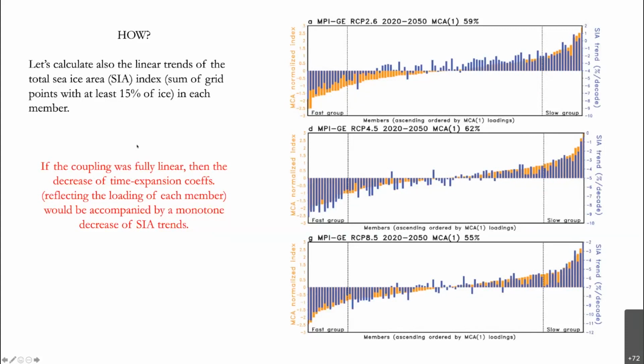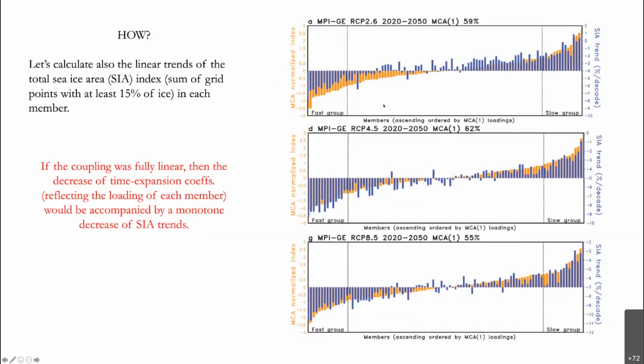So we can see the three RCP scenarios at A, D, and G, we have RCP 2.6 on the top and RCP 4.5 in the middle. We can see that the blue bars and the orange bars follow each other pretty well in the case of the 2.6 and 8.5.